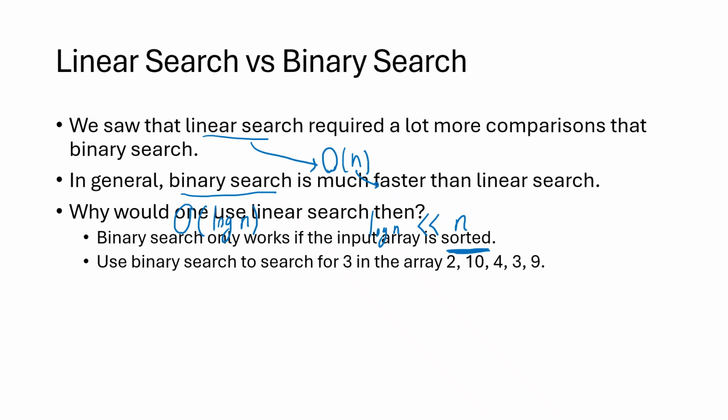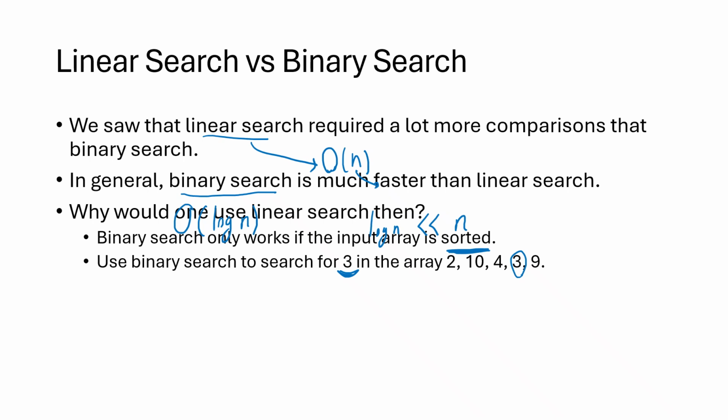So here's an example. The sequence is 2, 10, 4, 3, and 9, and the target that we are looking for is 3. And obviously 3 occurs in this sequence. But because the sequence is not sorted, right, 2, 10, that increases, then 4 decreases, and so on, it's neither increasing nor decreasing.